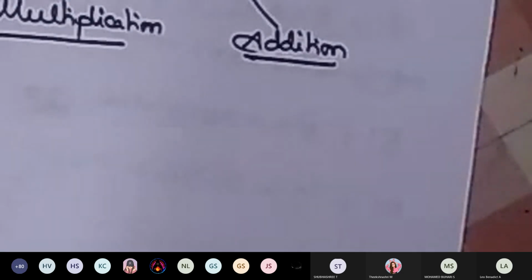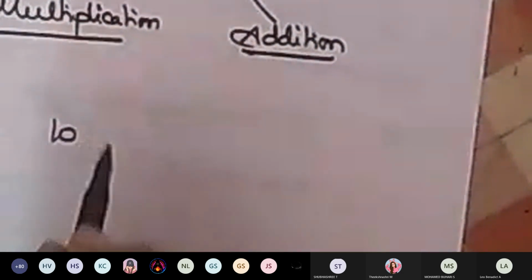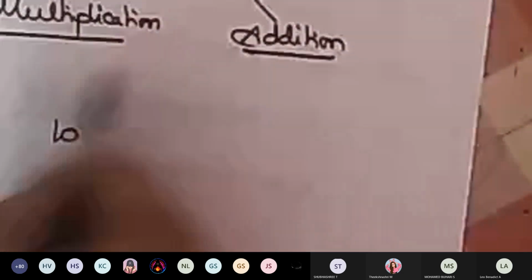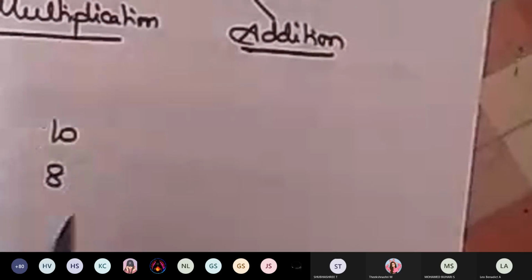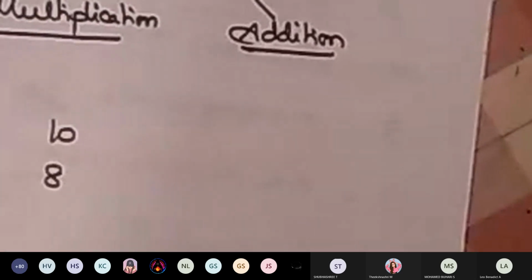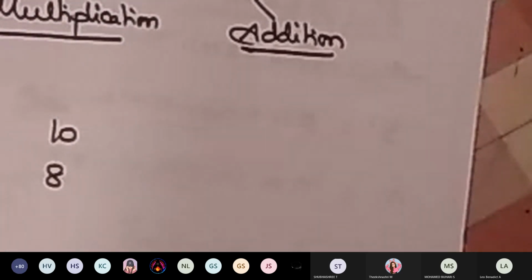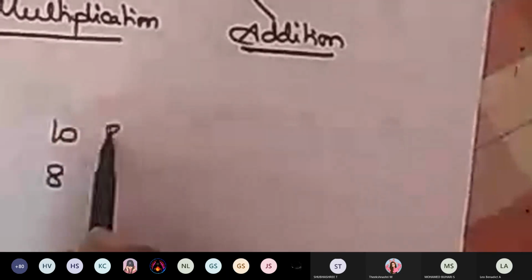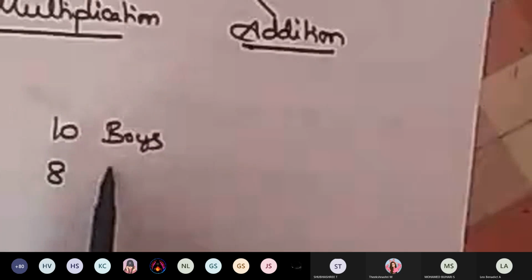So 1 boy and 1 girl. How many different combinations can we have? 10 boys are there totally. I'm going to give an explanation for the fundamental principle of multiplication and the fundamental principle of addition. If you answer this question, you'll be able to understand what is the multiplication principle. So for example, what we come across is actually the fundamental principle of multiplication. Okay. 10 boys are there. And 8 girls are there.